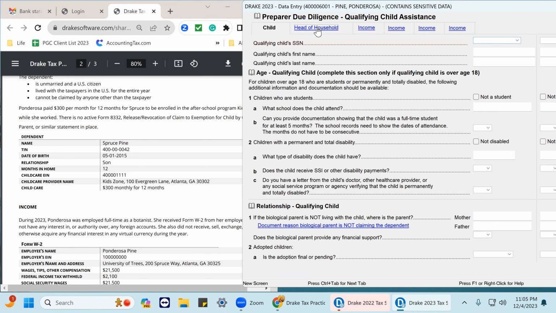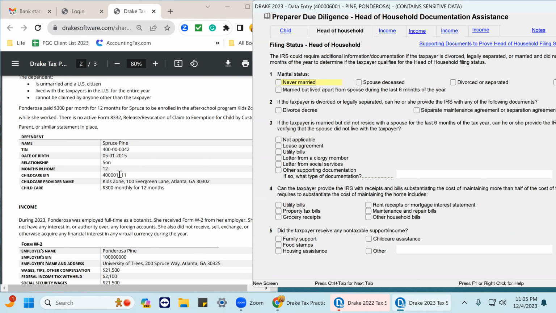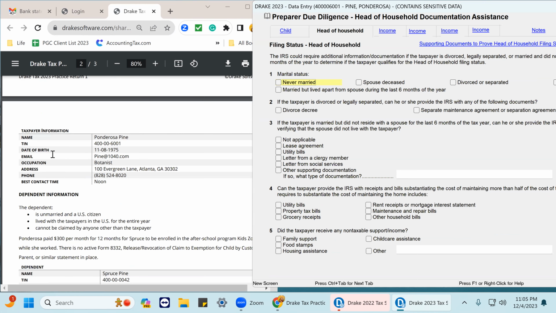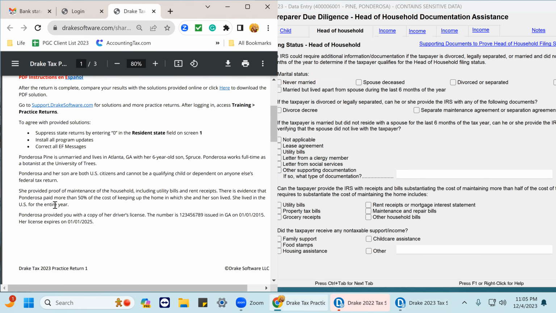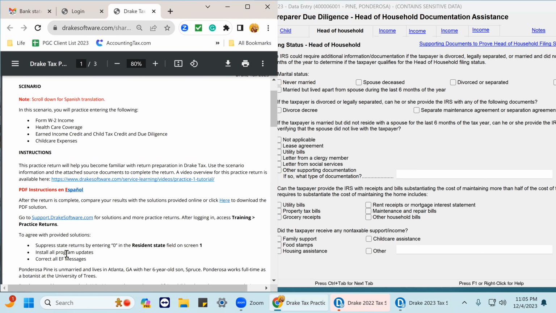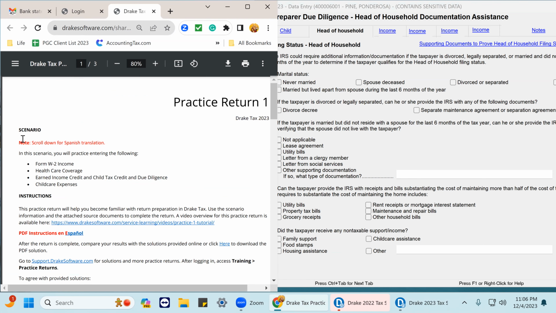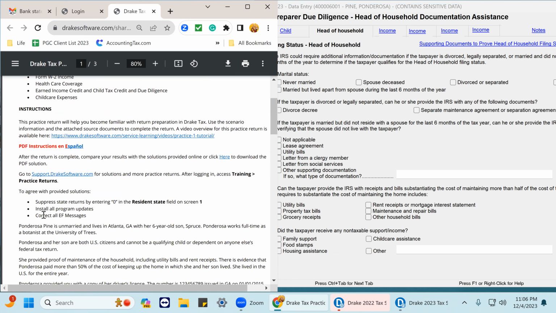Or there's the head of household. This person, did they say married or not? Is unmarried. You see it? No, the dependent is unmarried. Is unmarried?